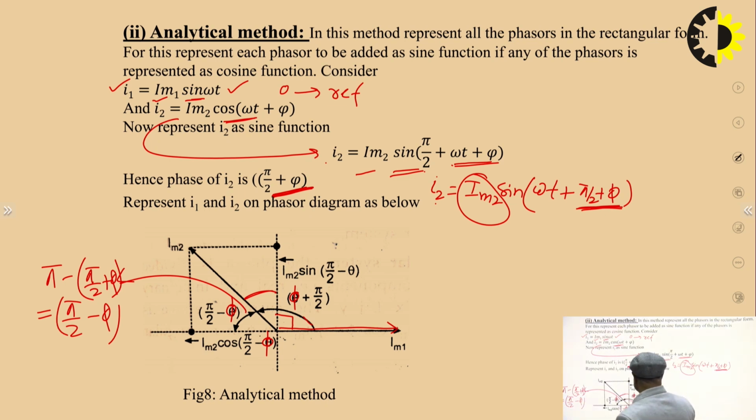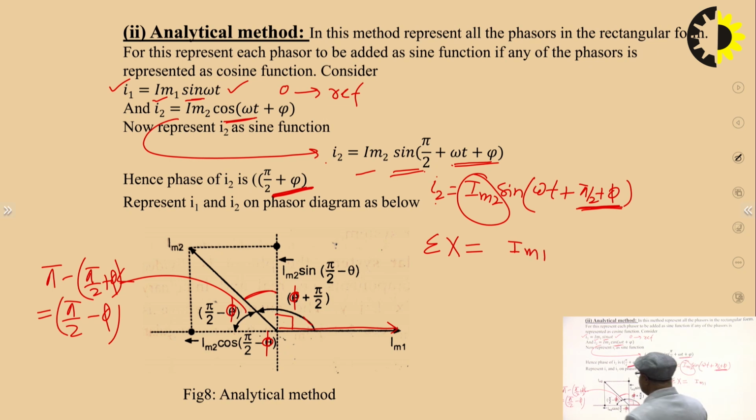To calculate the resultant, we find the summation of x, the sum of all the components in the diagram along the x axis. So summation x becomes the component of the first one along the x axis, this is IM1.